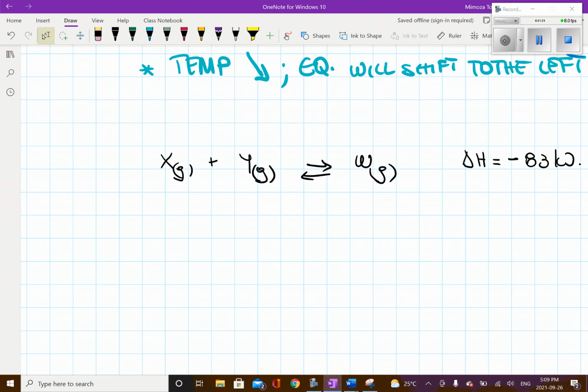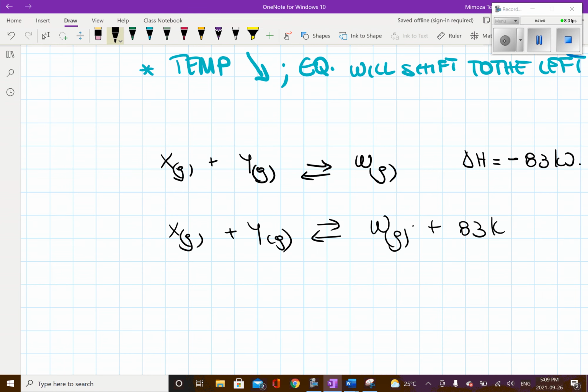The very first step will be to have the heat of reaction as part of the reaction. So let's rewrite this as a thermochemical reaction. X gases plus Y gases will give us W gases plus 83 kilojoules.